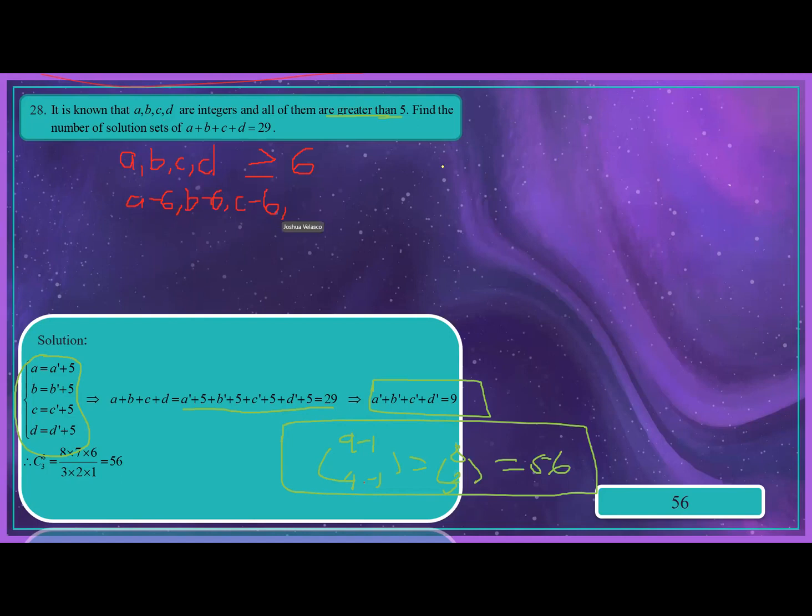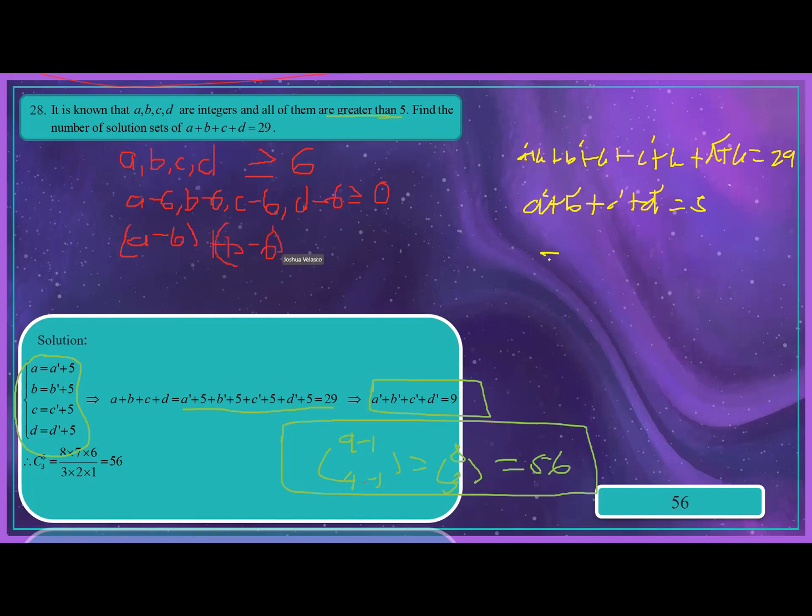Yes, you're right. Should be greater than 6. A plus 6, B plus 6, C plus 6, D plus 6. Okay, my bad. You're right. So this one should be A plus B, B prime, C prime, D prime. 5.